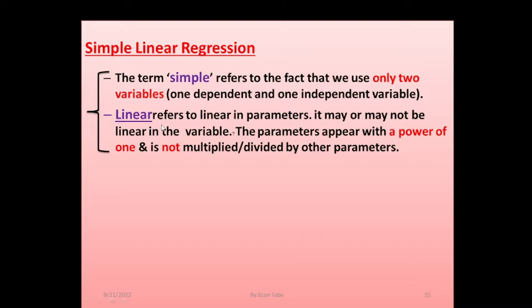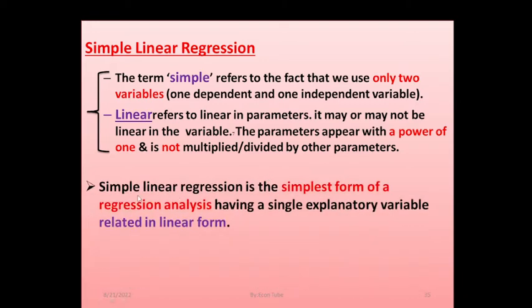It is linear in parameters, and it may or may not be linear in variables. The parameters appear with the power of 1 and are not multiplied or divided by other parameters. So simple linear regression is the simplest form of regression analysis, having a single explanatory variable related in linear form.